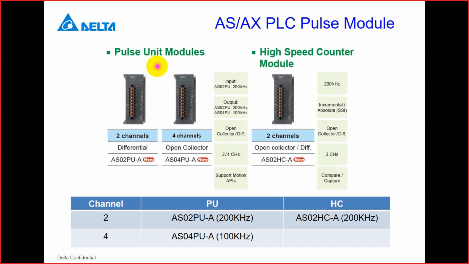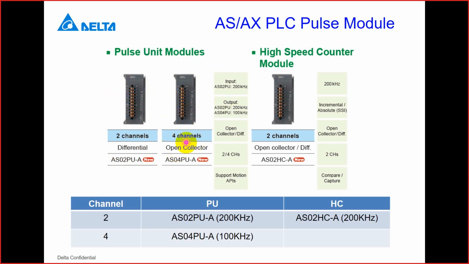okay, this page just let you know that for AS, if you have, example, you want to control step motor and you already use the built-in pulse output, but you need extra axes, so you can add on the pulse module. So we have 02 PU. So you can see this is a differential signal, so can control only 2 axes. Okay, but you can see this two module actually looks exactly the same.